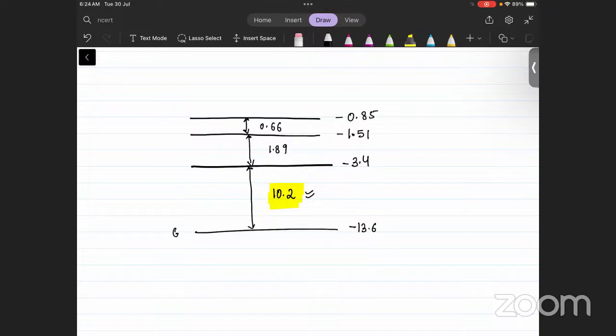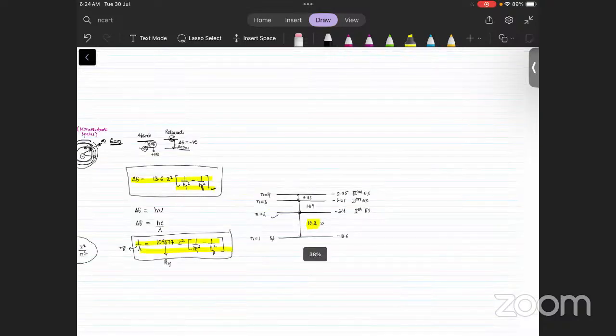This is the ground state, which is n equals 1, this is n equals 2, n equals 3, and n equals 4. So this is the first excited state, second excited state, and third excited state. This is all that you must know.